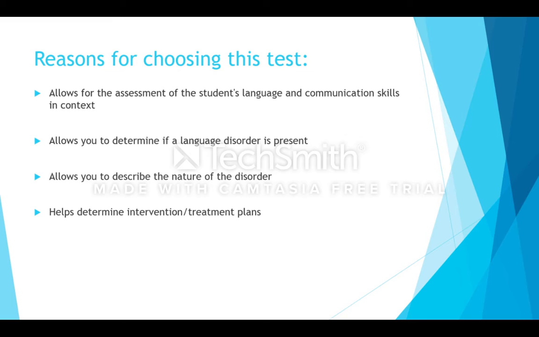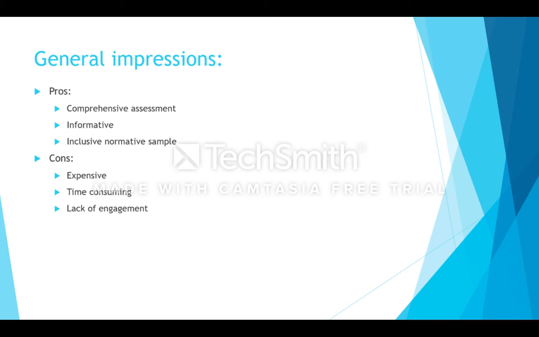And I guess the biggest reason that you could choose this test is that, especially if you look at the record form for this assessment, you see that it really does try to assess all areas of language. So if you really want something that's comprehensive and is going to analyze as much as it can about a child, you would probably choose this test. That's a very good reason for choosing this test.